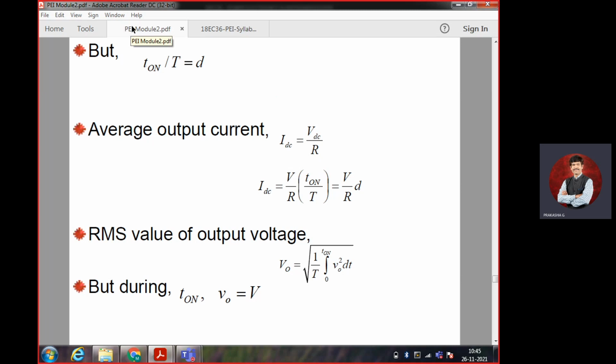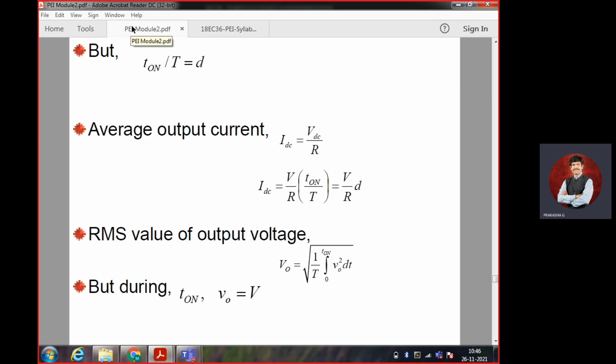IDC is equal to the current, what I have written here, I naught, which is given as similarly VDC by R. Whatever the load we are going to have, if I am having 5 volts as my output, if the resistance is 100 ohm, 5 divided by 100, I am going to get some current over there.